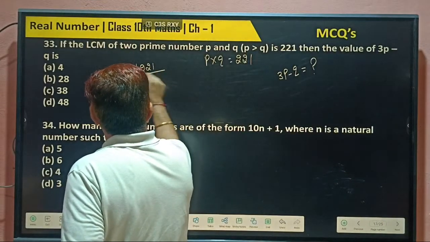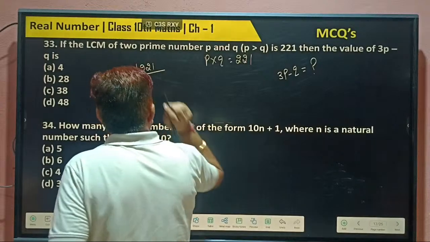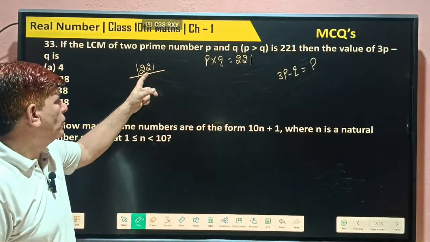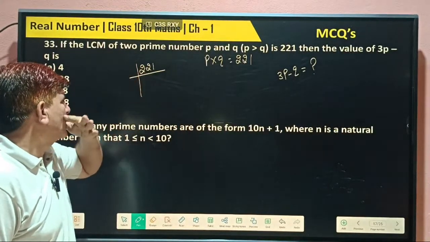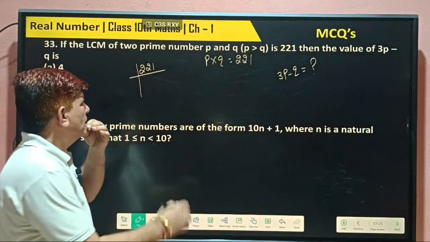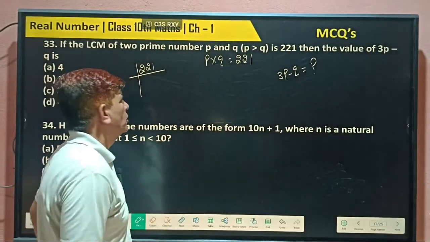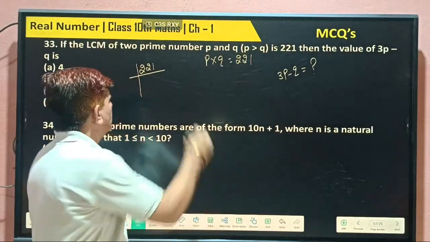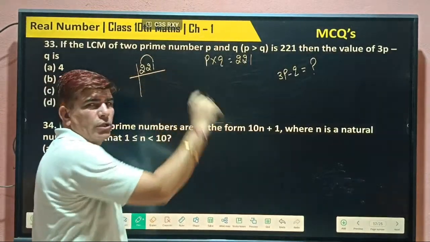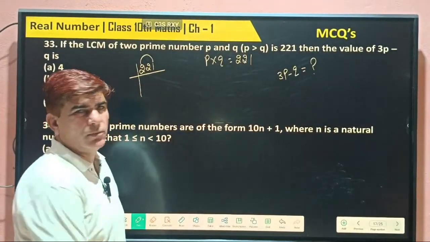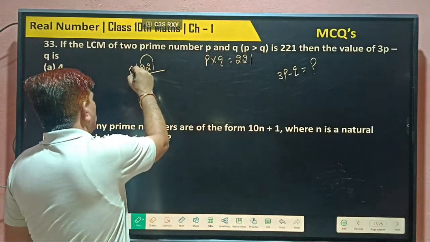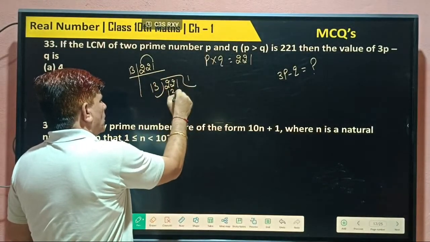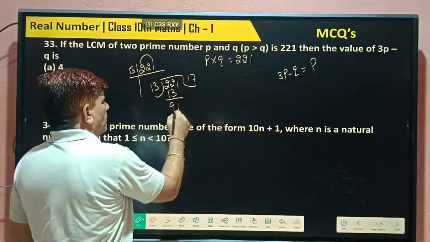221: divisible by 2? No. Not divisible by 3, not 4, not 5, not 6, not 7, not 8, not 9, not 10, not 11, not divisible by 12. Not 13. Check one time: 13 ones are 13, no, 17.